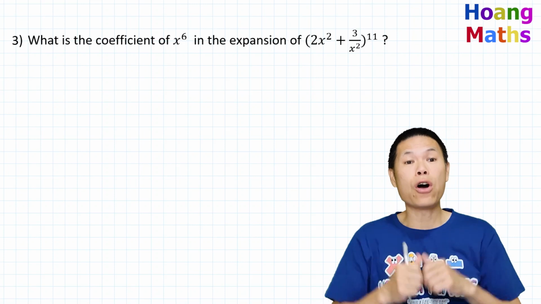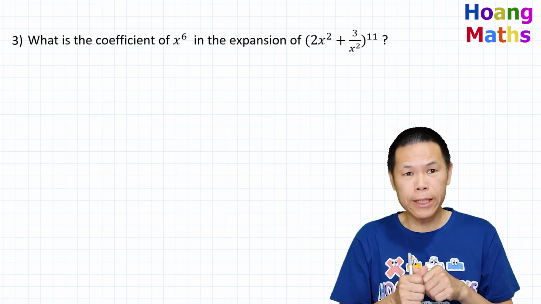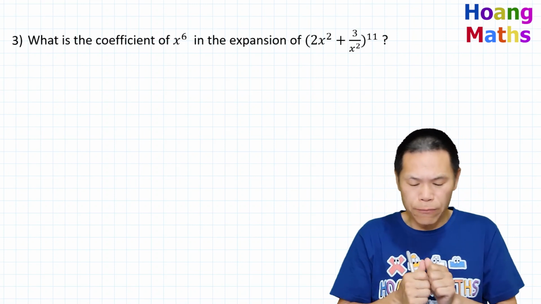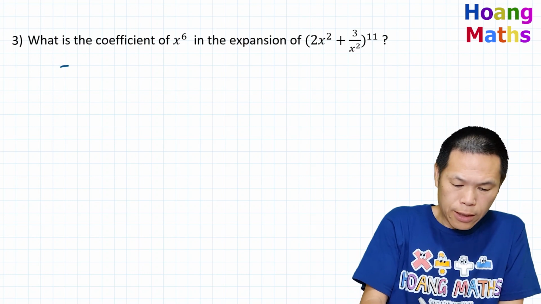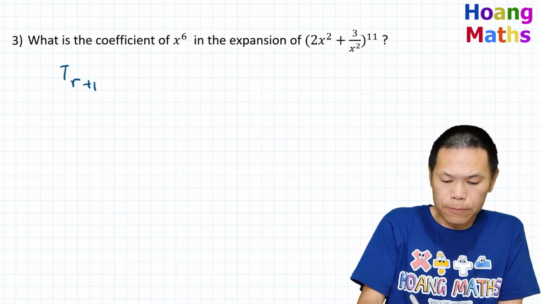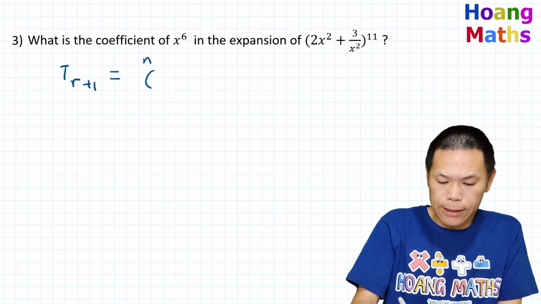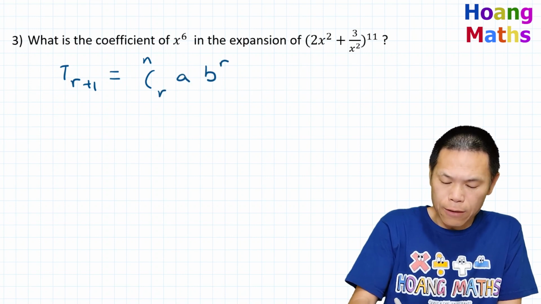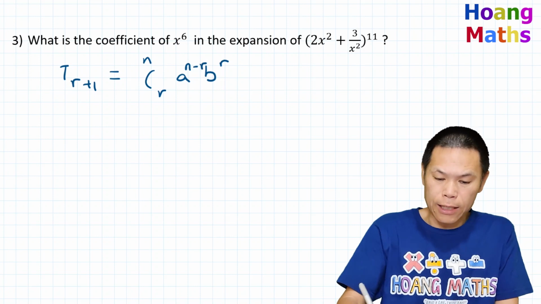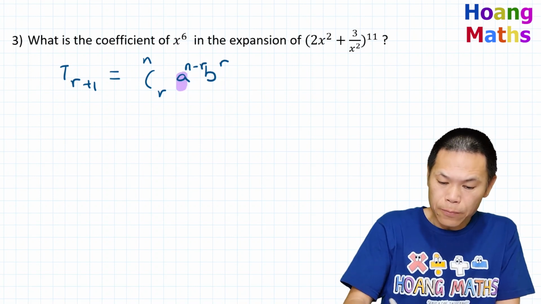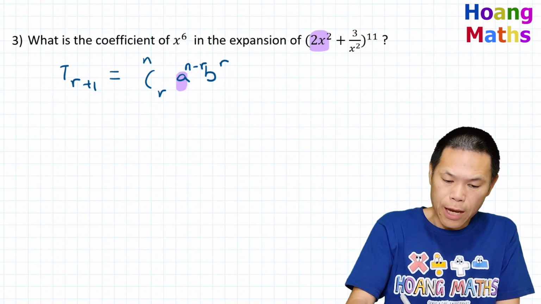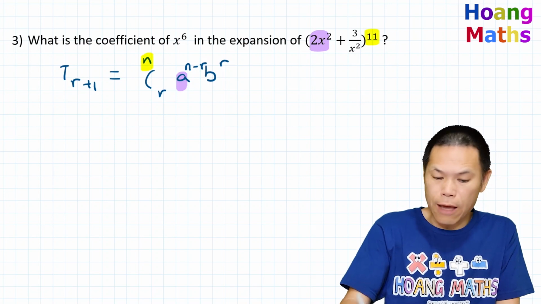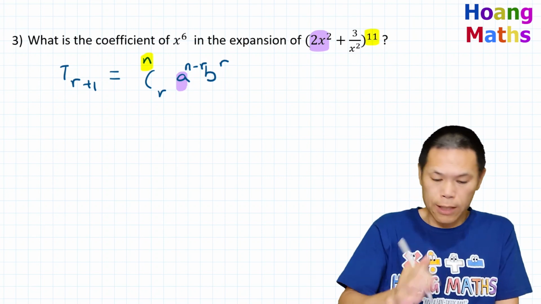So to work out the coefficient of x power of 6, we just use the general term first. So T of R plus 1 is N C R, a power of N minus R, and b power of R. We know that a is this term, and N is 11 because it is power of 11.